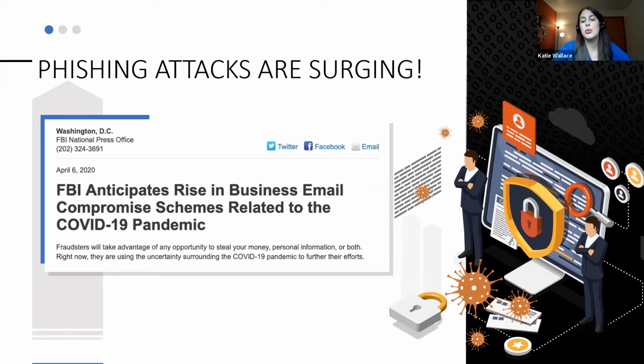Cyber attacks continue to rise to the point that on April 6th the FBI released an official statement, and that's what we're looking at here in this screenshot. Overall, 71% of security professionals have reported an increase in security threat attacks since the COVID-19 outbreak.